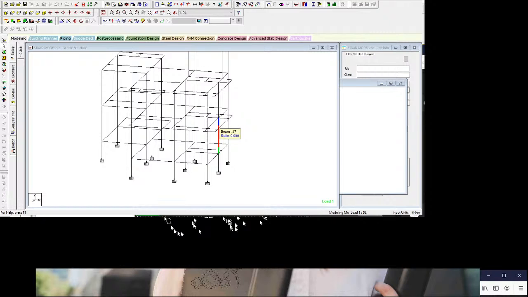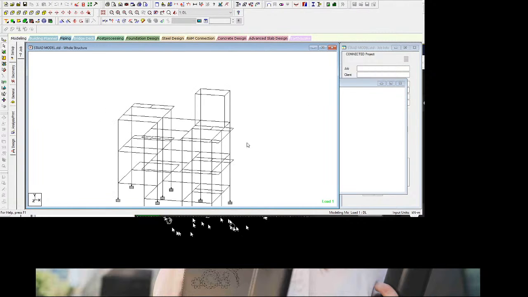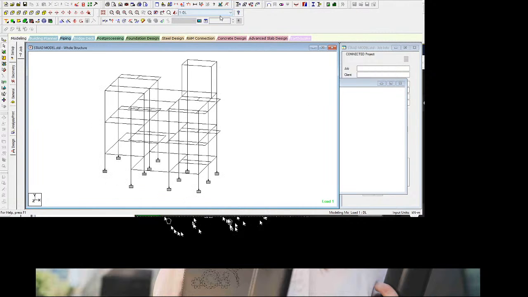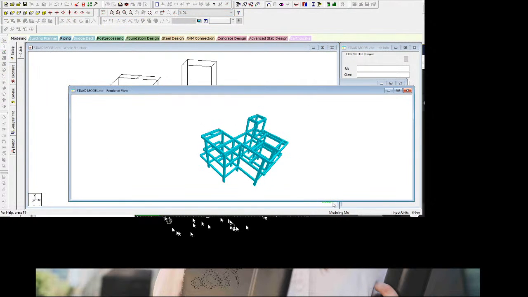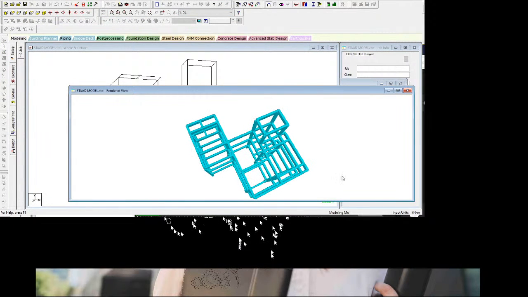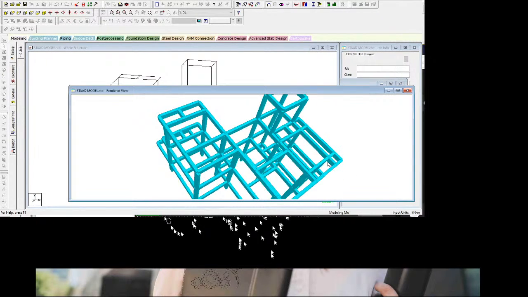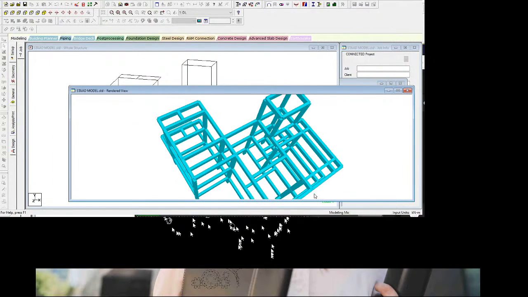Tell us how to apply stair load. Okay brother, I will tell you about stair load. I will show you directly in the model. You can see this is a staircase, right? You can see my cursor.